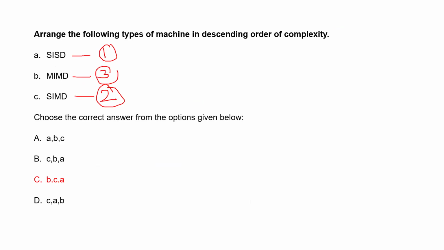I said ascending order, but you can see descending order. First we get B, next C, and then the last one. This is the descending order of the combination. That's all, it depends on the abbreviation. So we can conclude this question.